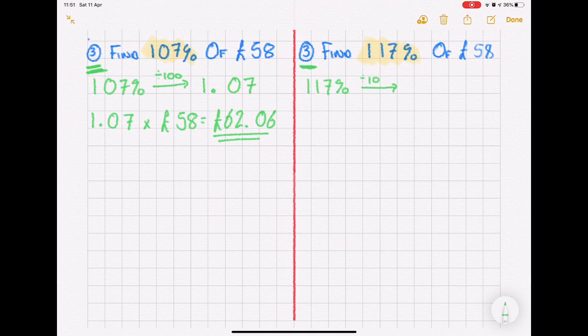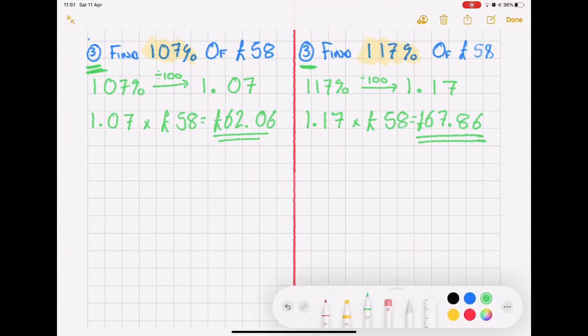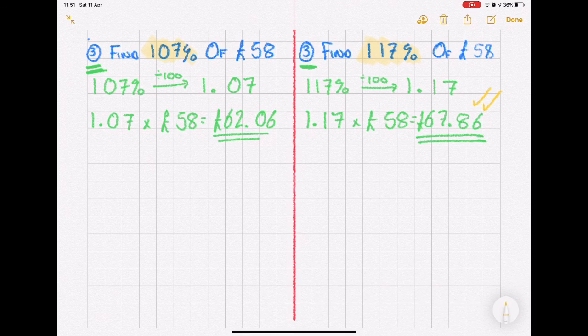And that gives us 1.17 as our multiplier. 1.17 times by £58 gives us £67.86 pence. And that's our final answer there. If you got that, fantastic, give that a few ticks.